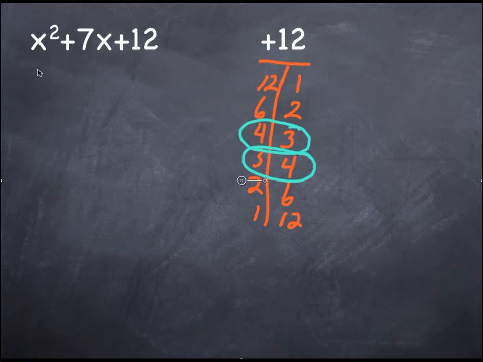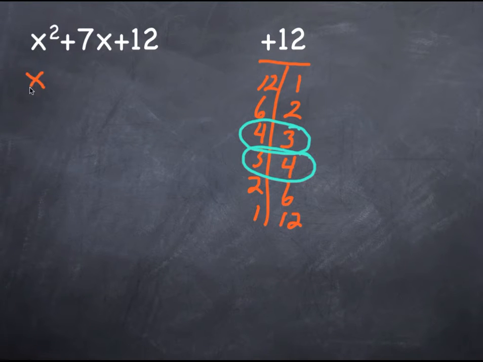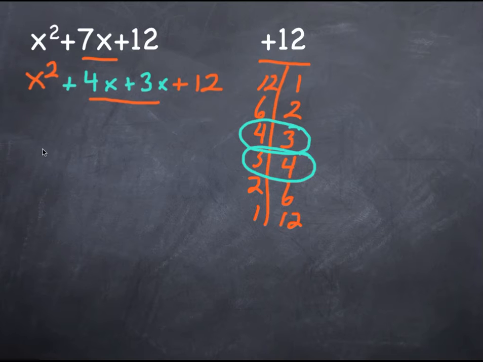We covered factoring by grouping in 6.1, and we'll use it to factor this problem as well. What we'll do first is use the 4 times 3 and replace the 7x with 4x plus 3x. From our new equivalent expression of x squared plus 4x plus 3x plus 12, we will group the x squared and 4x as well as group the 3x and 12.